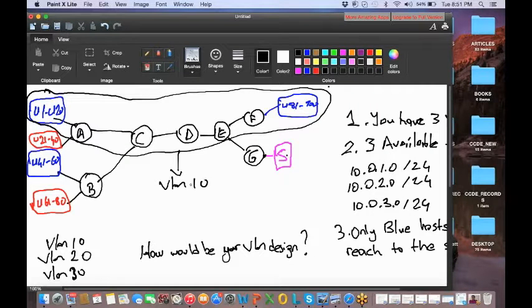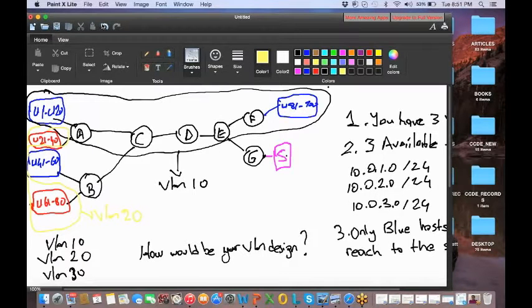VLAN 10, let's say, and with another color, these red users are VLAN 20, and for this one, VLAN 30.